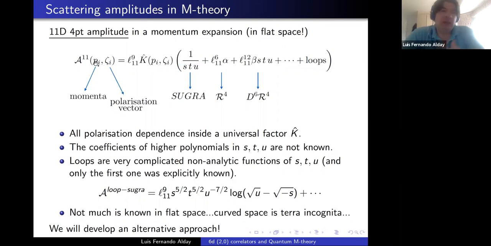In 11 dimensions, gravitons have some momenta and some polarization vectors, like in any other dimension. And because of supersymmetry, one can show that all polarization dependence can be put inside a universal factor denoted with K hat.